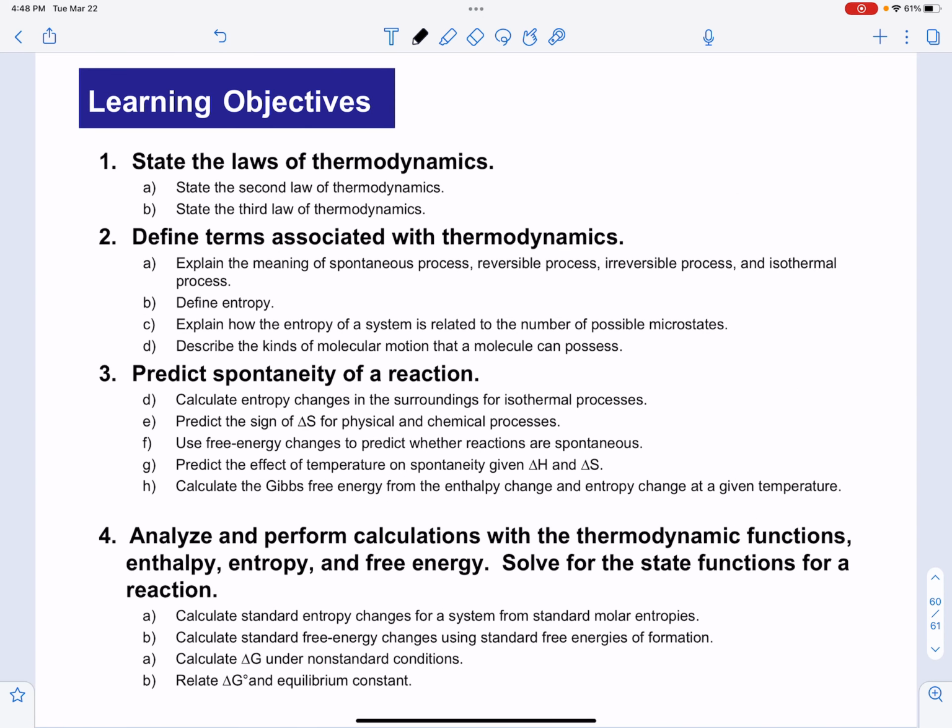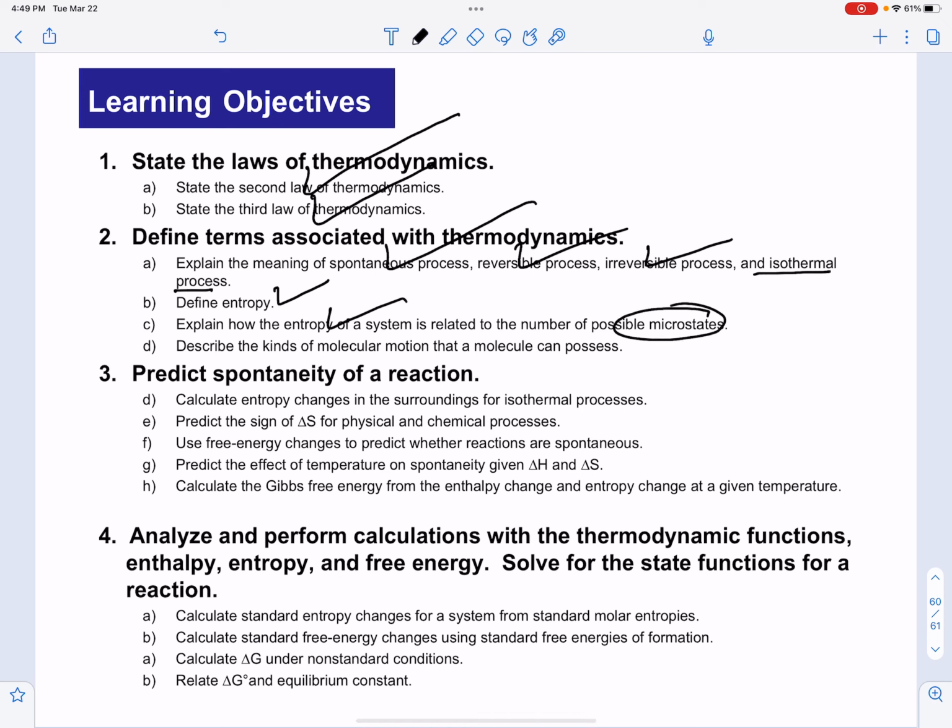And with that, we can close the chapter where we talk about the second law of thermodynamics and the third law of thermodynamics. We talk about what a spontaneous process is, reversible and irreversible, based on the entropy. We know how to deal with it when the temperature is constant. We defined entropy. We saw how the entropy relates to microstates and the Boltzmann constant.